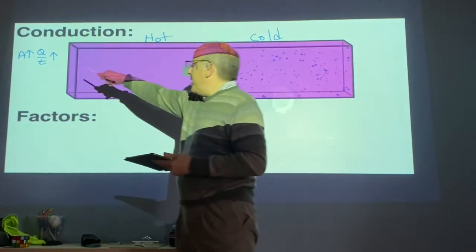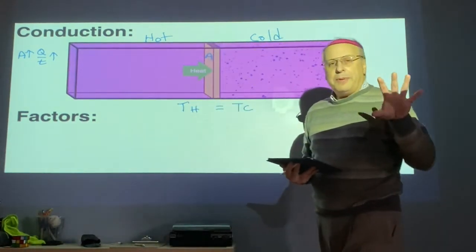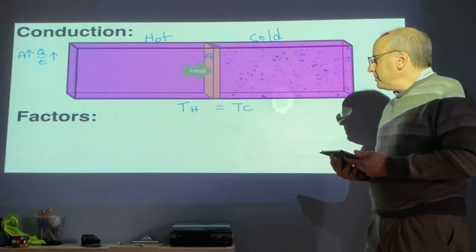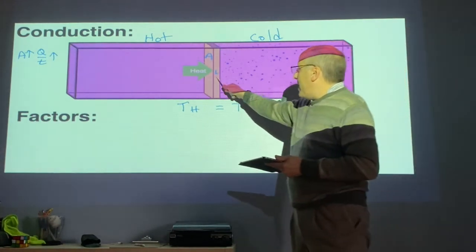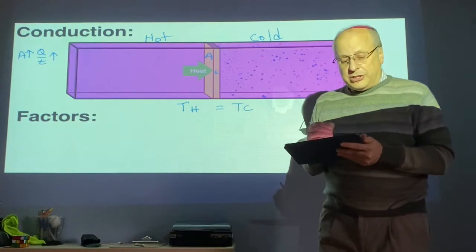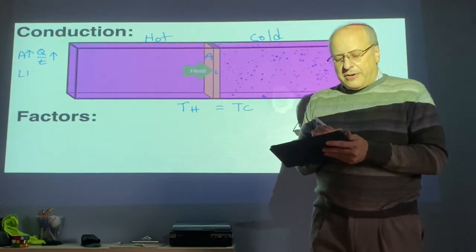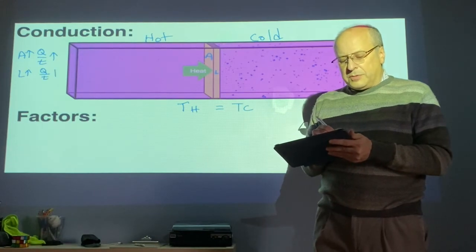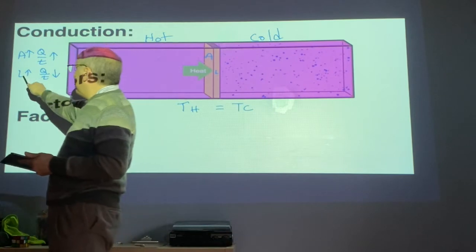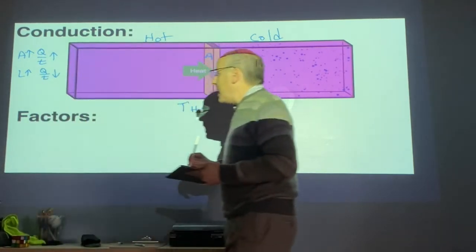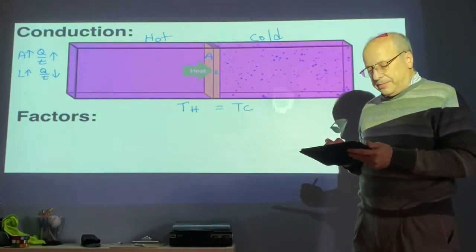A larger area means a more rapid heat transfer. Next, thickness. The thickness of the barrier will have an inverse relation. As you make the barrier thicker and thicker, the rate of heat transfer will become smaller and smaller. Okay? A larger thickness gives less heat transfer.